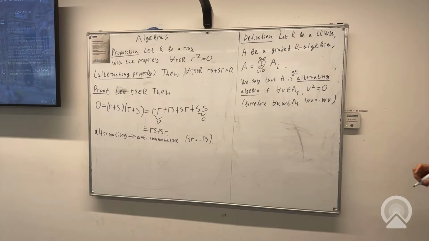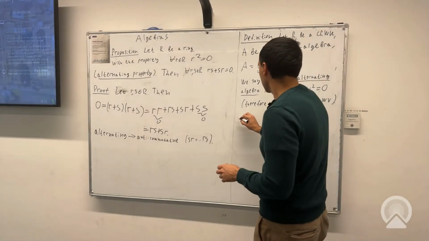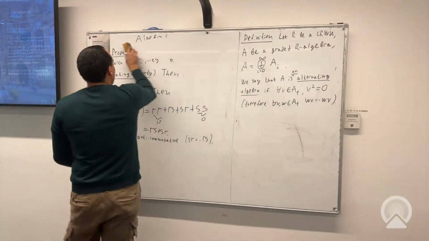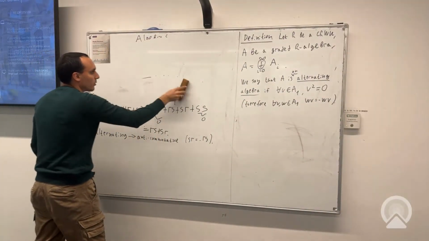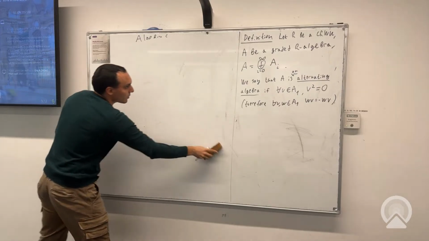Now let's prove some properties of alternating algebra, and next time I'll talk about the exterior algebra, which is the most important example of an alternating algebra. Oh, sorry, I forgot.